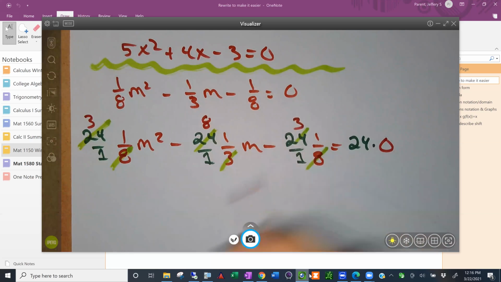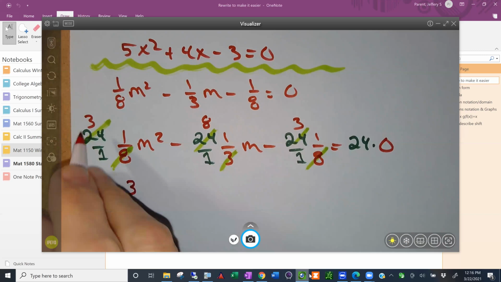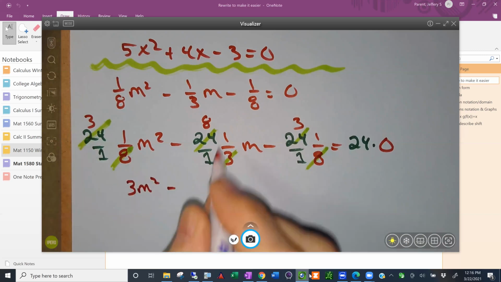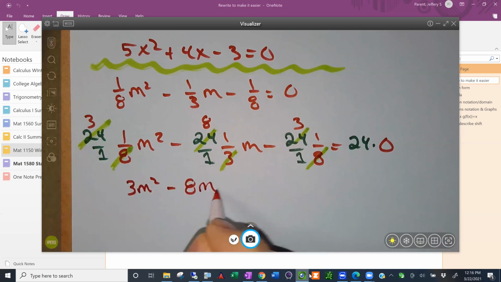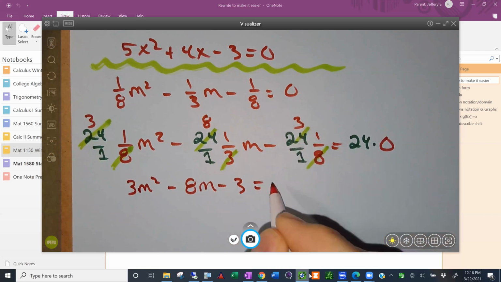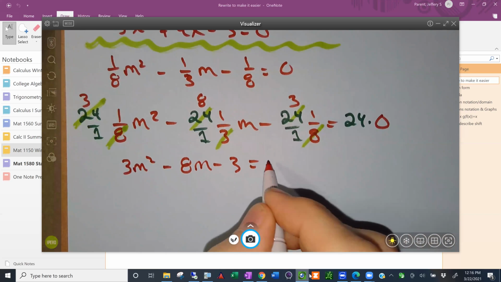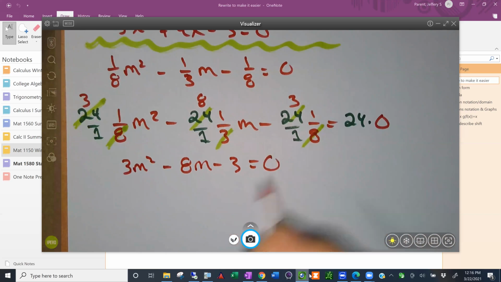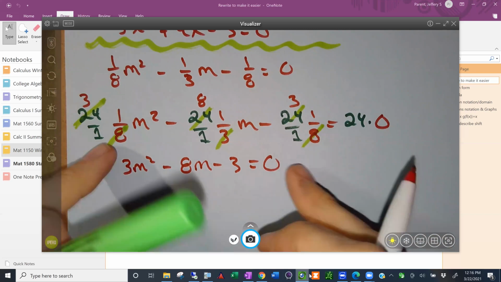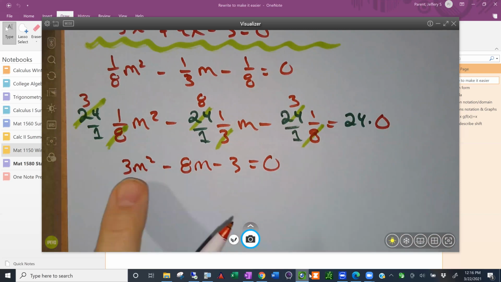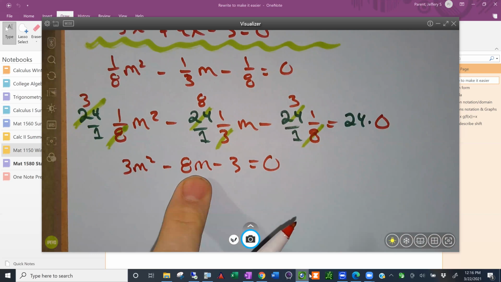So what we'll end up with is 3m squared minus 8m minus 3. And can someone do the right-hand side for me? Just a 0? Yeah, thank you. Awesome. So that would be your answer here. And I think you only need to type in the 3 and the -8. And that should be it.